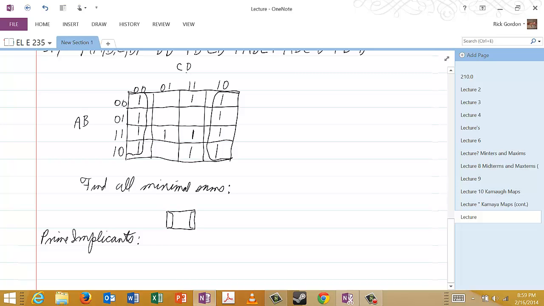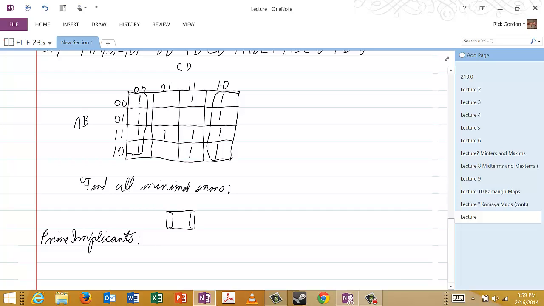What about C? Remember that C is the first number in each of these pairs of numbers along the top, and in this portion of the prime implicant, C is equal to 0. In this portion of the prime implicant, C is equal to 1. So C does not appear in the name either.